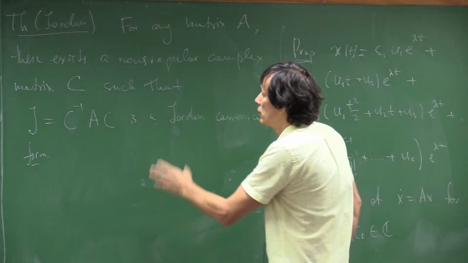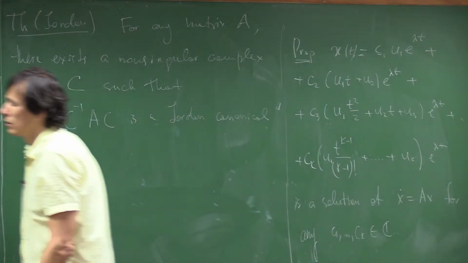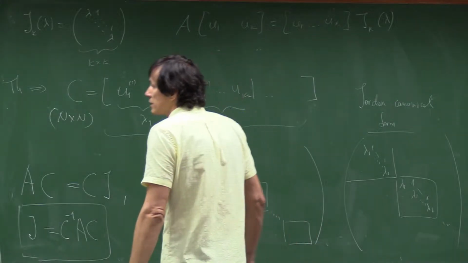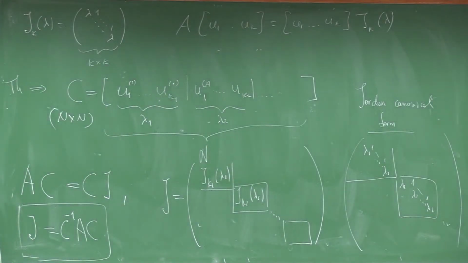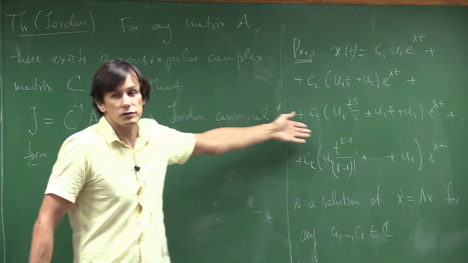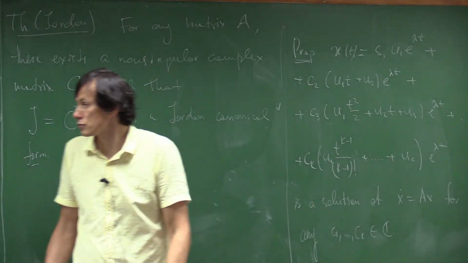Because whenever you have this matrix which satisfies this equation, it means that the columns of this matrix C form Jordan chains. If they form Jordan chains, they satisfy all these Jordan chain equations. If they satisfy the Jordan chain equations, they give you solutions of this form. So backwards from this theorem, we find solutions of this form.